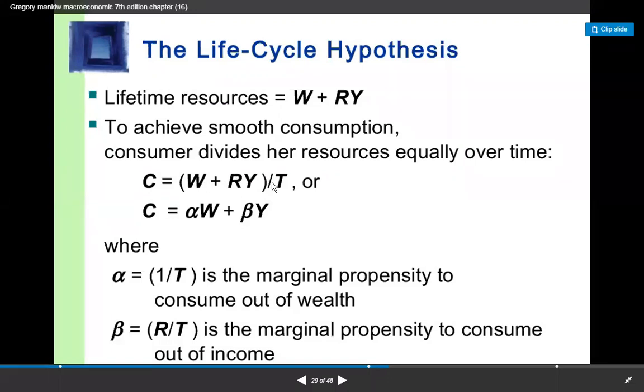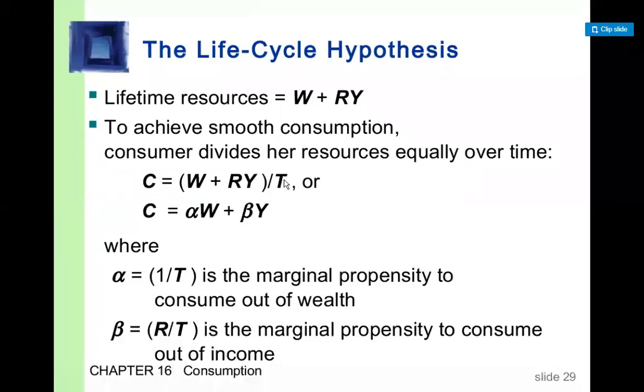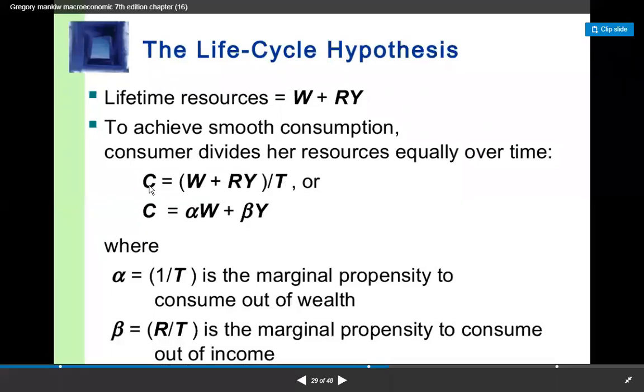When you divide total lifetime resources by total lifetime, you calculate one year's consumption. This is the consumption level which the consumer will have in each year over life.